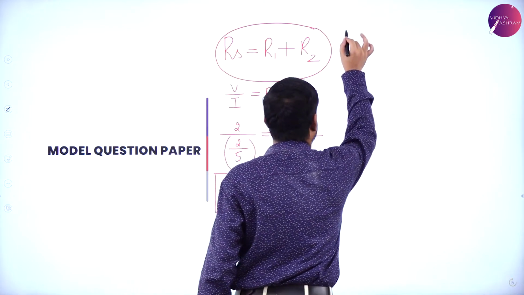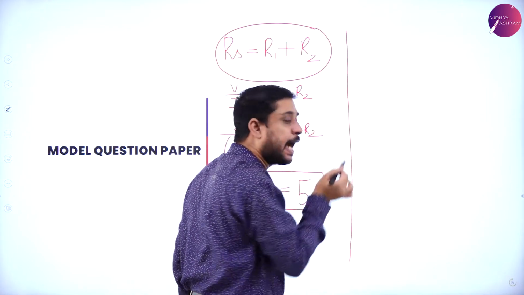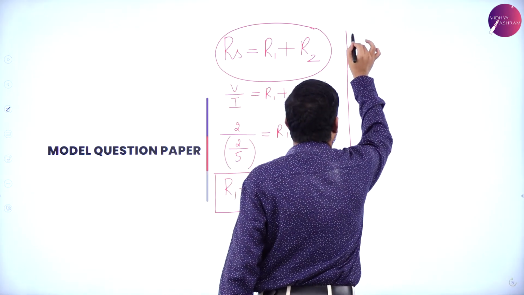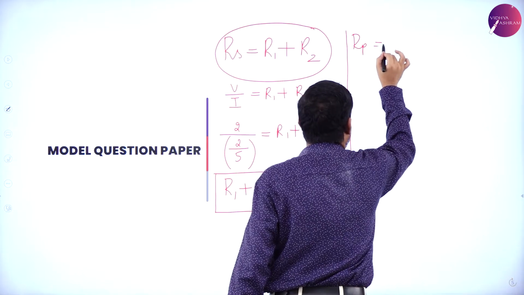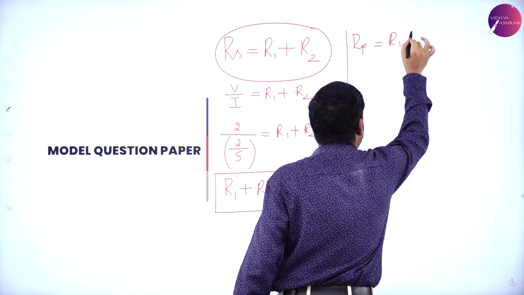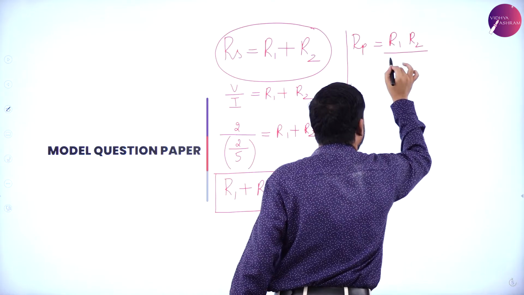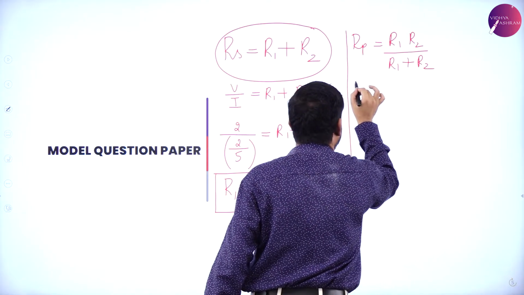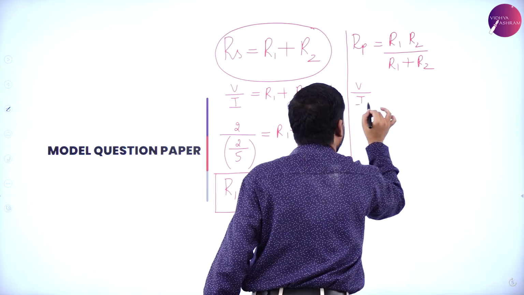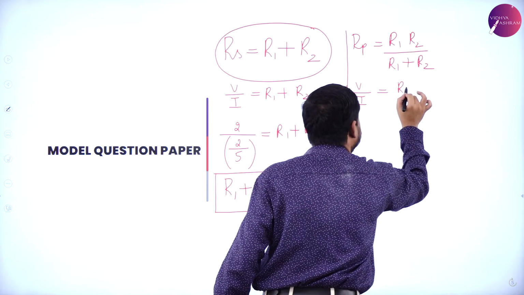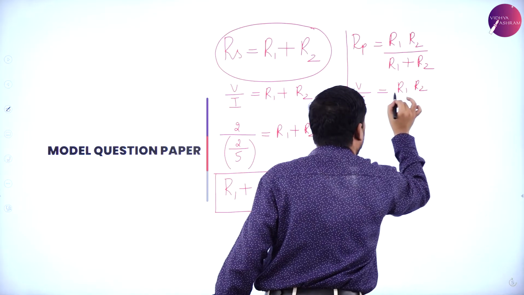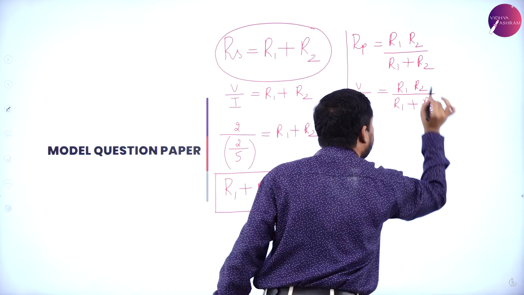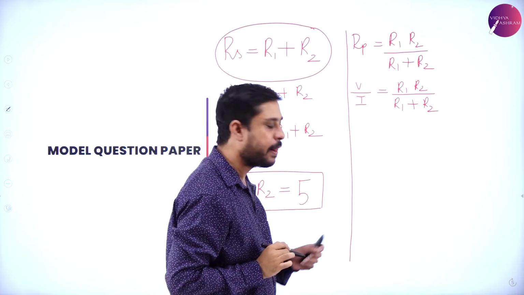So, when they are connected in parallel, RP equals R1 R2 divided by R1 plus R2. V by I is R1 R2 divided by R1 plus R2.